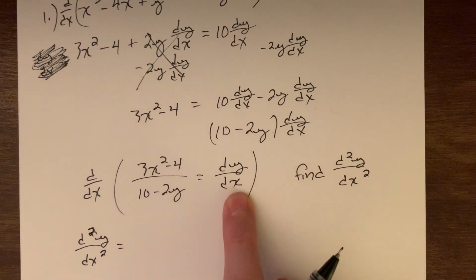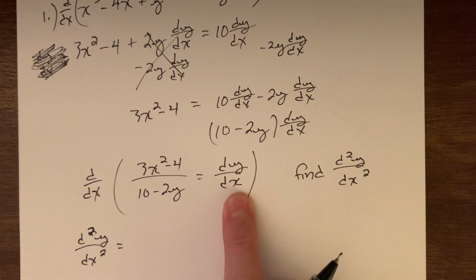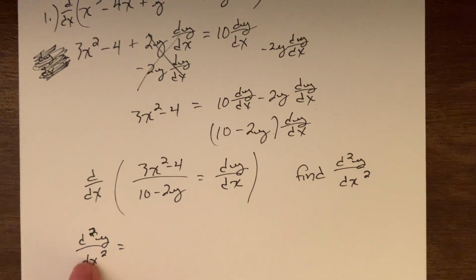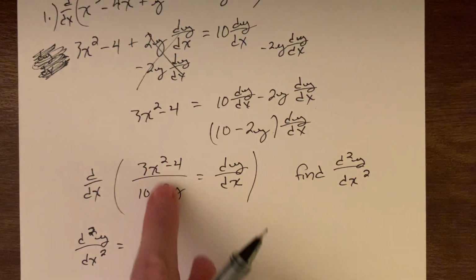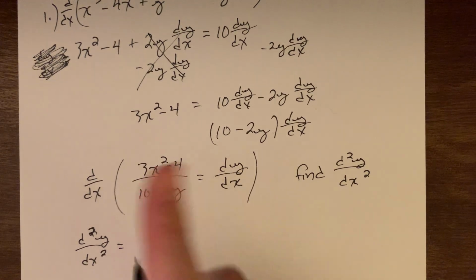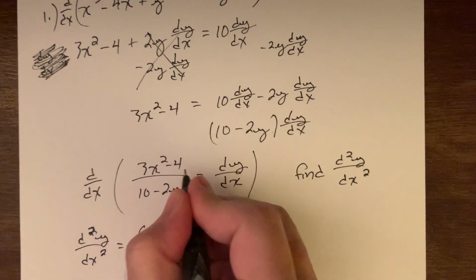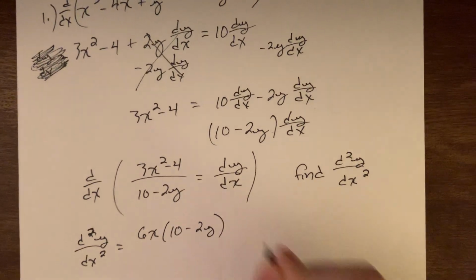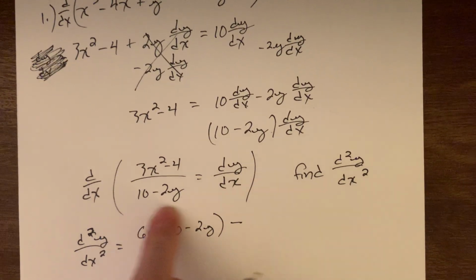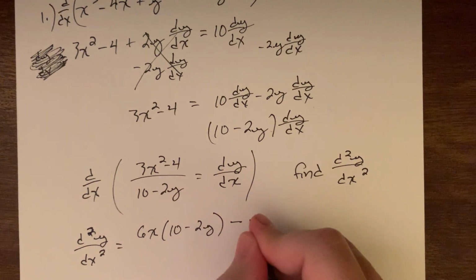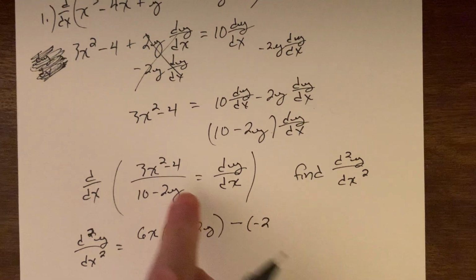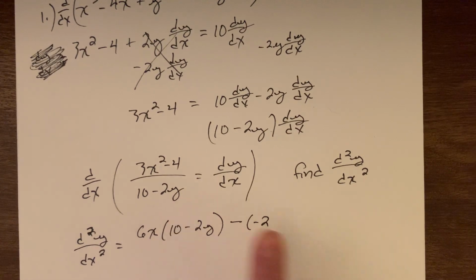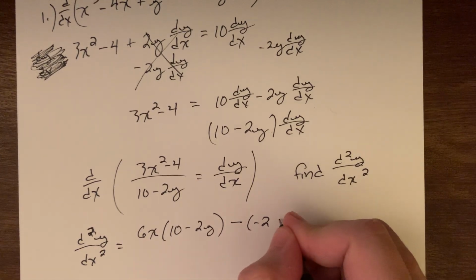If you solve the first derivative for dy dx, when you move to higher level derivatives, you immediately get that derivative. But now I need my quotient rule. Derivative of the top, 6x minus 0 times the original bottom, minus derivative of the bottom. Well, that will give me a minus 2, but it's still a y. I still took a derivative of y with respect to x. It still needs to get marked.